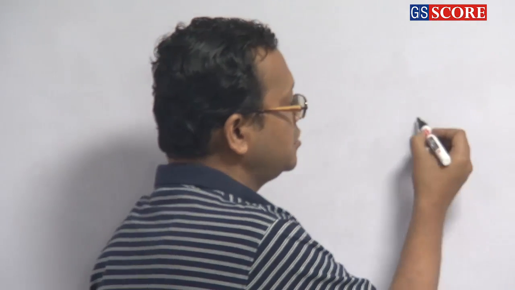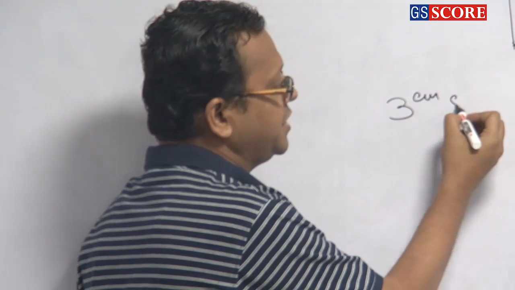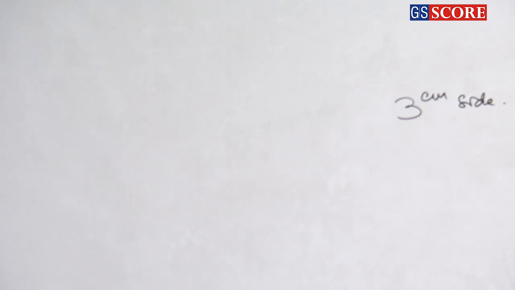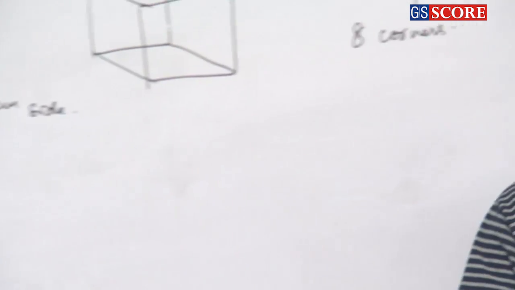Now, what kind of questions are asked? There is a cube of 3 centimeter side. A cube is a solid figure, 3-dimensional figure, right? There is a cube of 3 centimeter side. It is colored on all sides by red color.